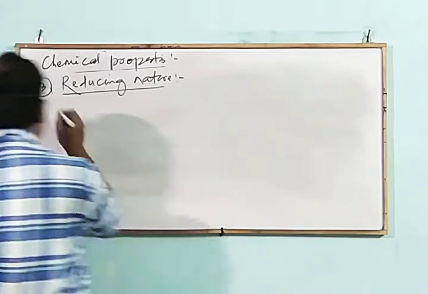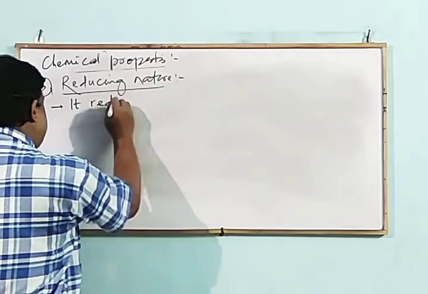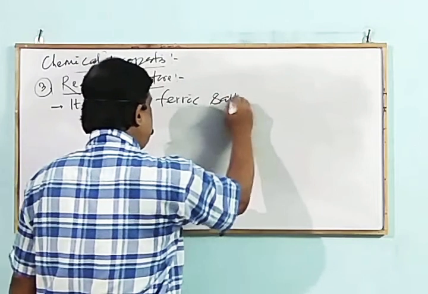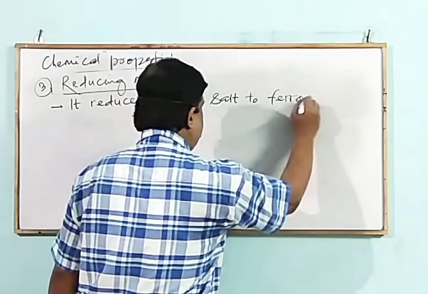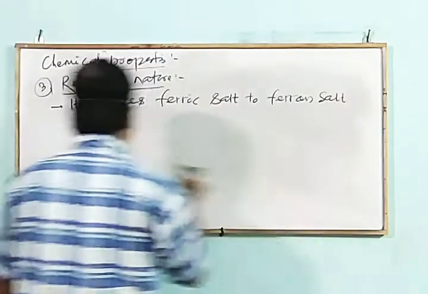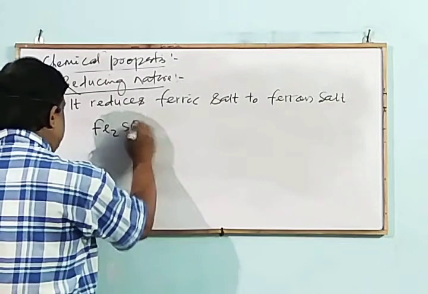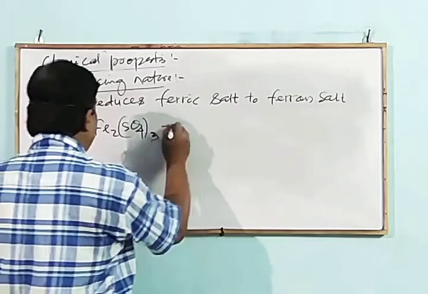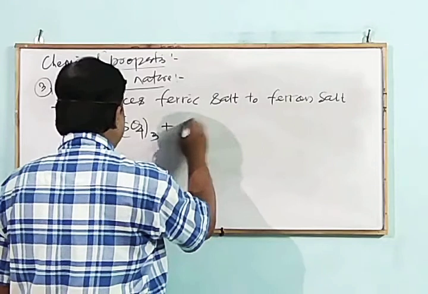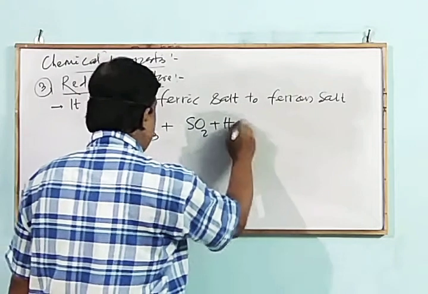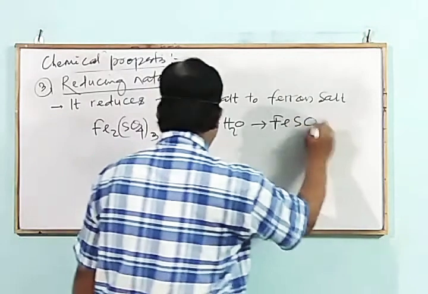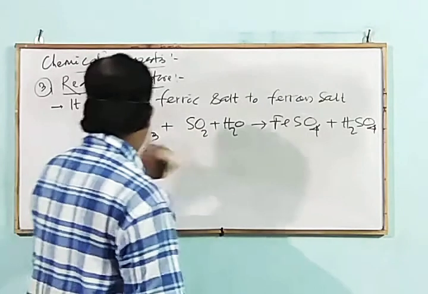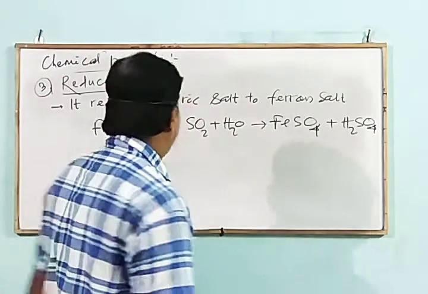First one, it reduces ferric salt to ferrous salt, that is ferric sulfate Fe2(SO4)3 plus SO2 plus H2O give rise to FeSO4 plus H2SO4. It reduces ferric sulfate to ferrous sulfate.